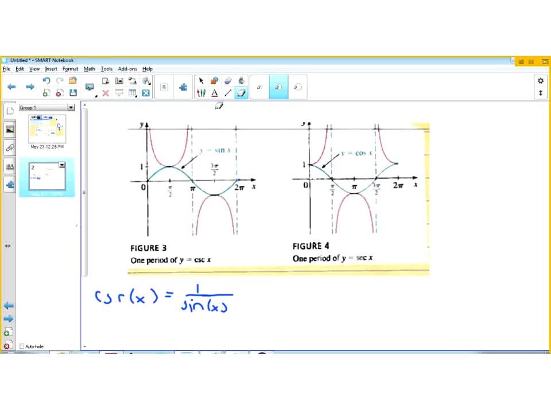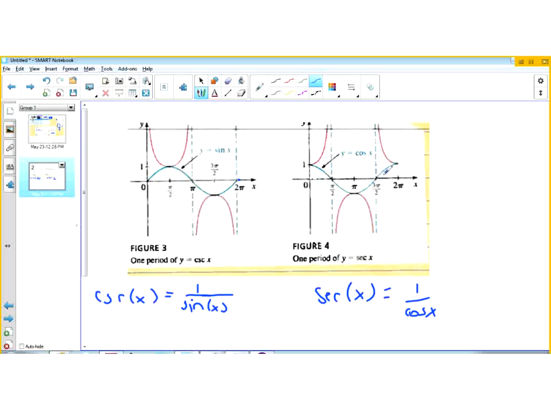All right, now the secant function, as you know, is 1 over cosine x. So secant of x is equal to 1 over cosine x. And so wherever cosine x is equal to 0, that would translate into a vertical asymptote for the secant function.